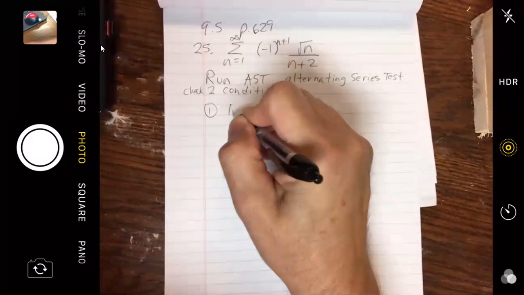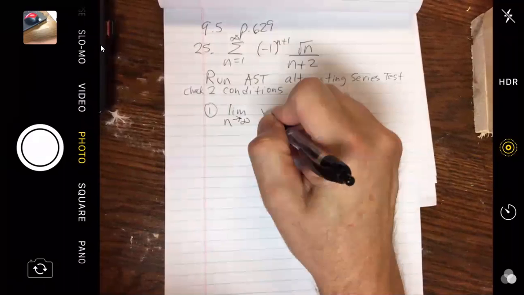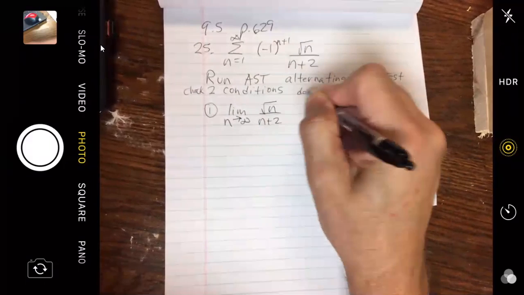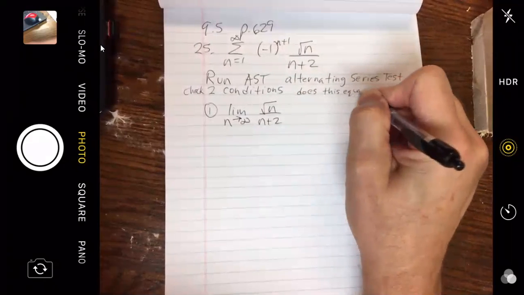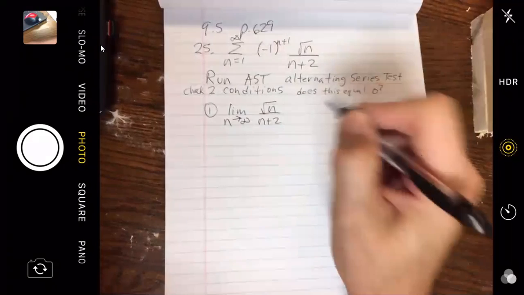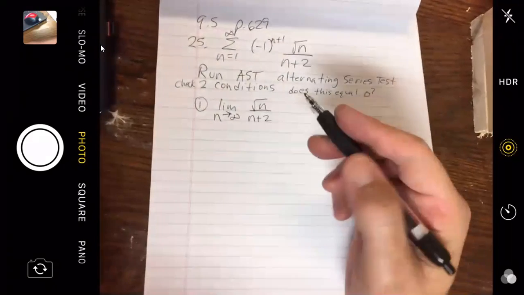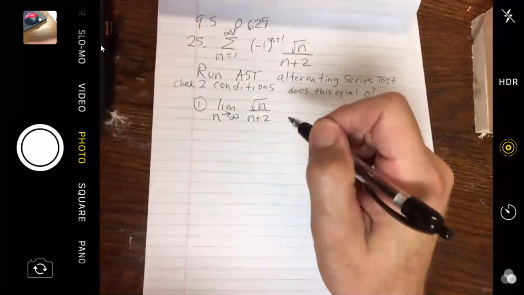The first one was the limit of your terms, square root of n over n plus 2. Does this equal 0? If it does, it passes the first condition, and then you check the second condition. If it doesn't, you can quit. Rejoice. It fails, it diverges.